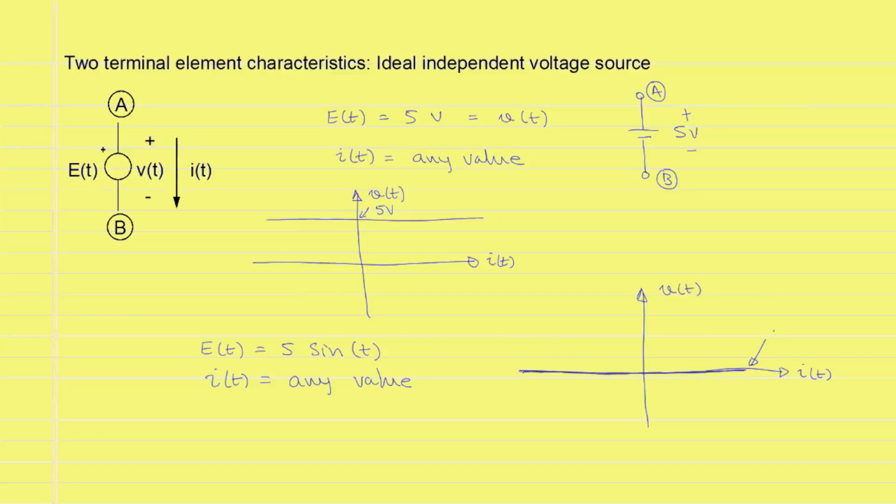We will denote this with t is equal to 0. At t is equal to pi by 4 seconds, the value of the source will be approximately 3.5 volts and the characteristic will be shown. At t is equal to pi by 2 seconds, it will reach the maximum value of 5 volts.